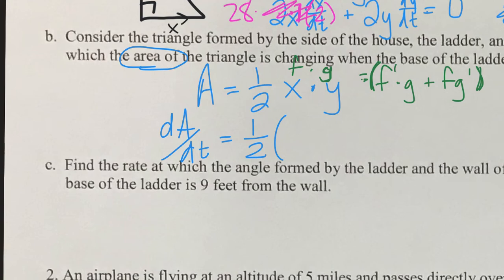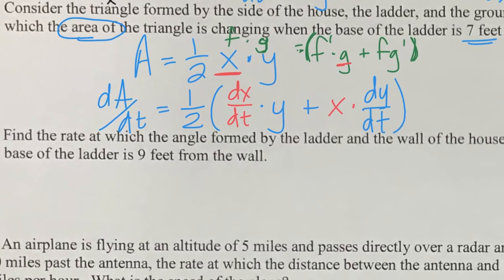So let's look at this one step at a time. What is the derivative of just x? dx dt. Okay, and then we have to multiply it by g, and g is the letter y. Okay, plus, now we have our f function, which is just x, times the derivative of y with respect to time, which is dy dt.